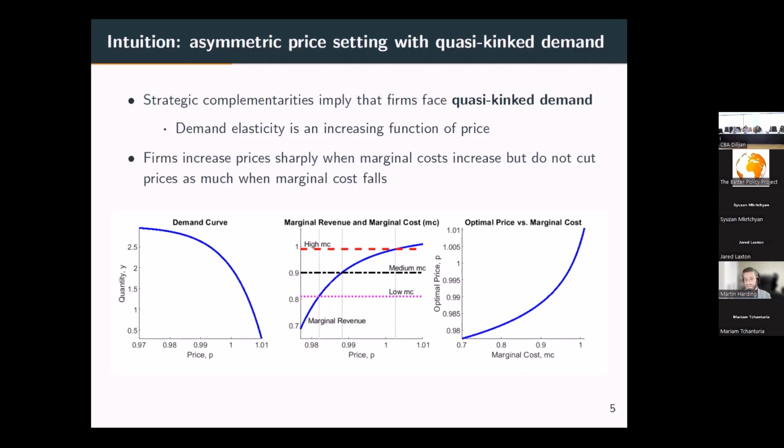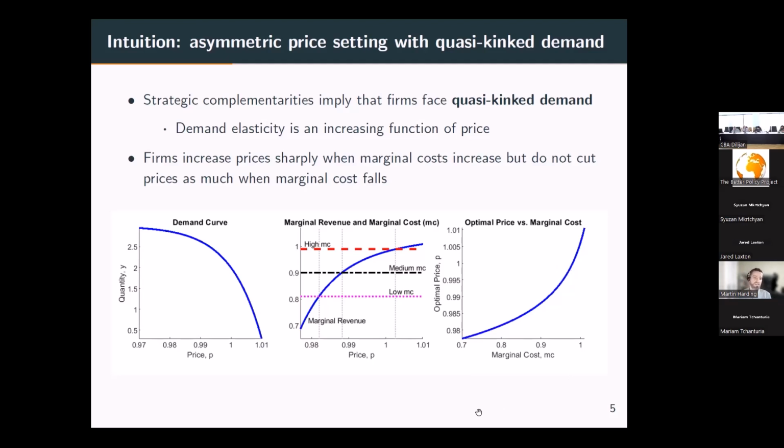So this implies that, for example, when marginal costs are relatively low or decreasing, optimal price is going to be relatively insensitive to changes in marginal cost, and this slope is going to be relatively flat. Now, if marginal costs are elevated or increasing towards the right of the chart here, optimal price becomes much more sensitive to changes in marginal cost.